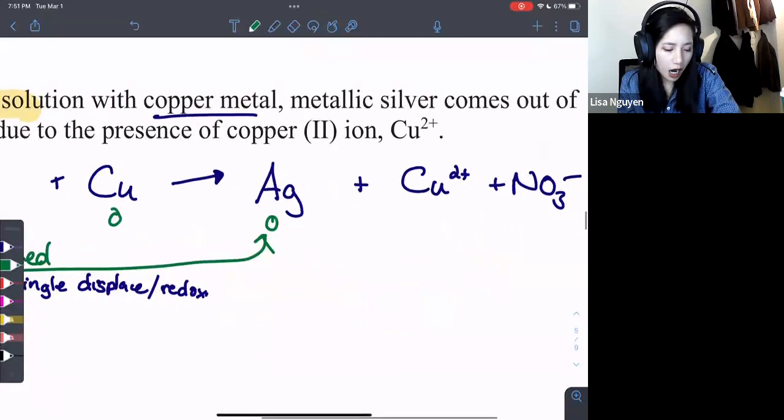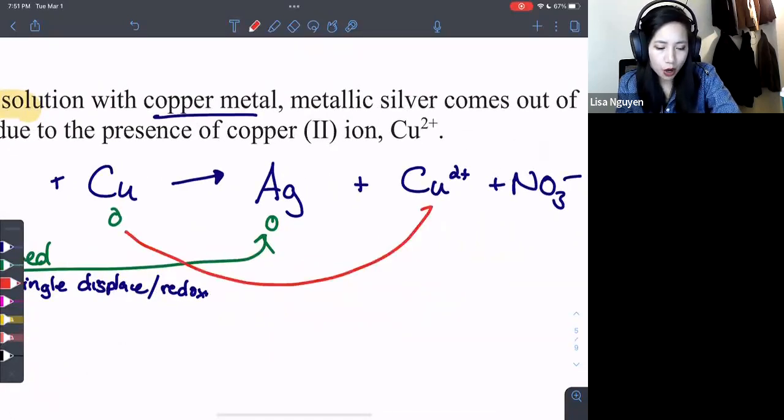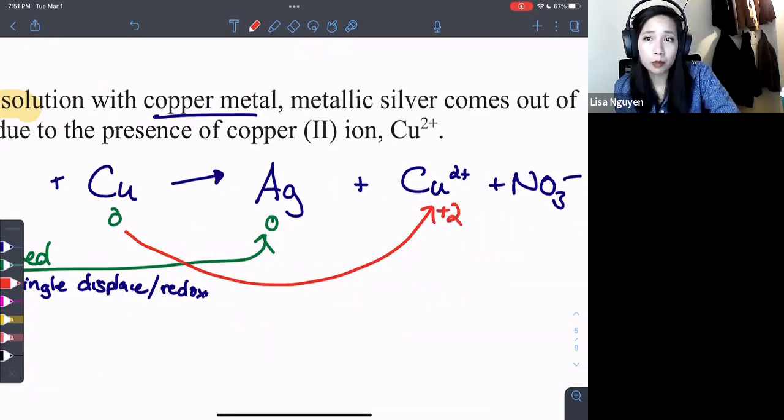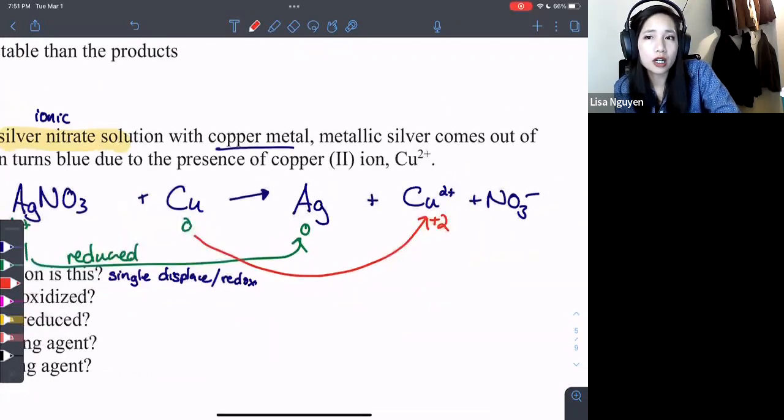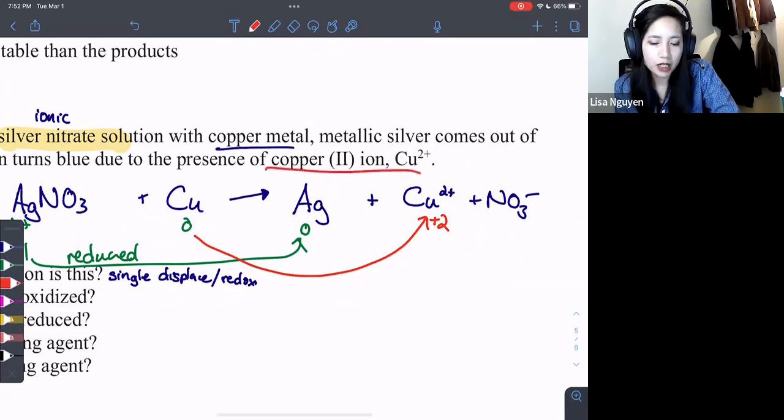And so if you look at copper, copper is going from 0 to a +2 charge because it's a copper 2+ ion. Why isn't copper 2+ and nitrate combined? It's not important in this question because we just want to know how copper is changing. So here it really should be copper nitrate, but it doesn't actually have to be balanced for this reaction because I'm just describing it to you.